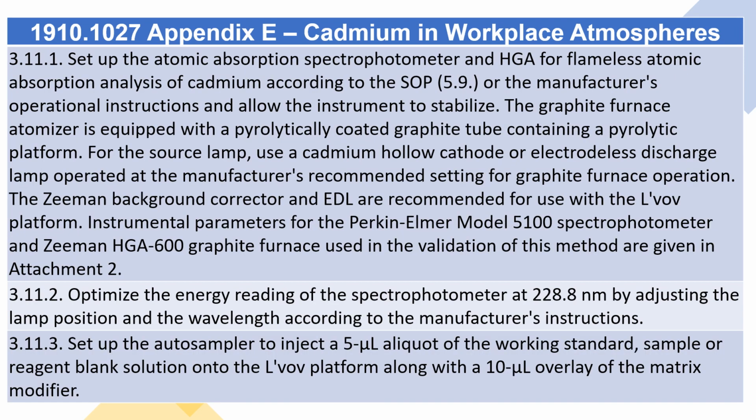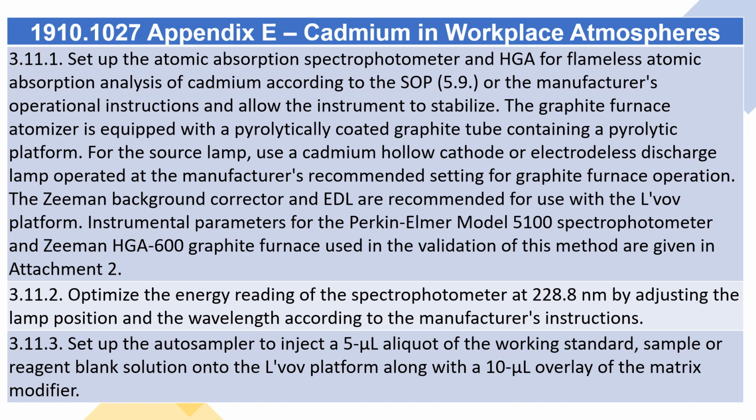3.11.1. Set up the atomic absorption spectrophotometer and HGA for flameless atomic absorption analysis of cadmium according to the SOP 5.9 or the manufacturer's operational instructions and allow the instrument to stabilize. The graphite furnace atomizer is equipped with a pyrolytically coated graphite tube containing a pyrolytic platform.